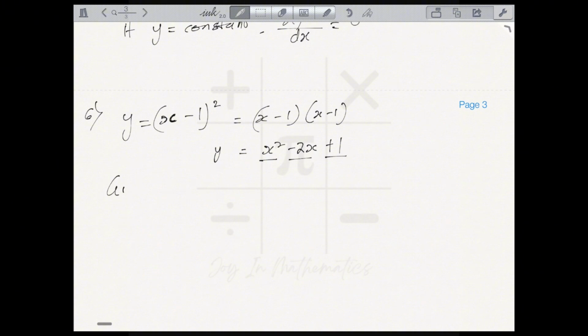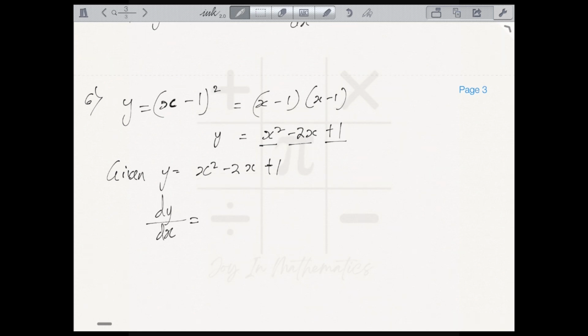So given y equals x squared minus 2x plus 1, dy/dx is equal to, if we differentiate x squared, we assume this is 1 multiplied by x squared.